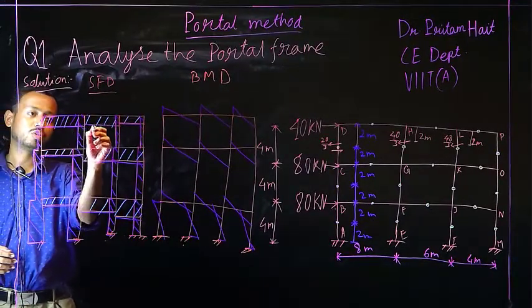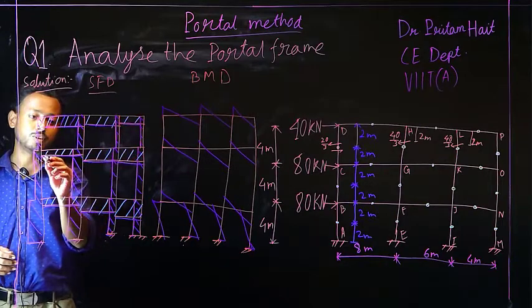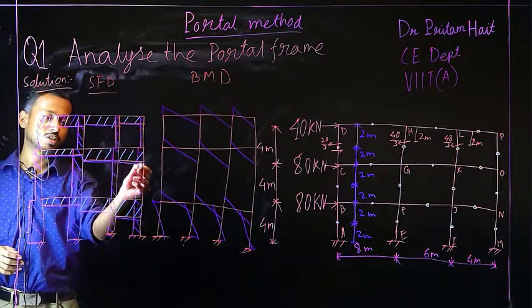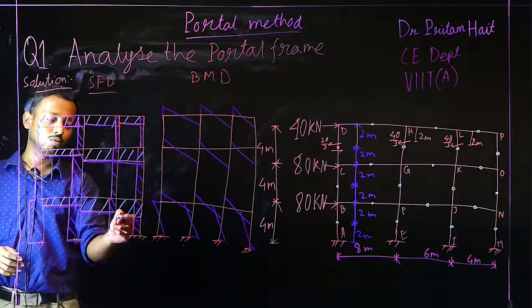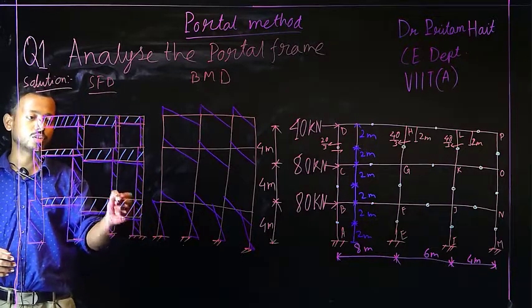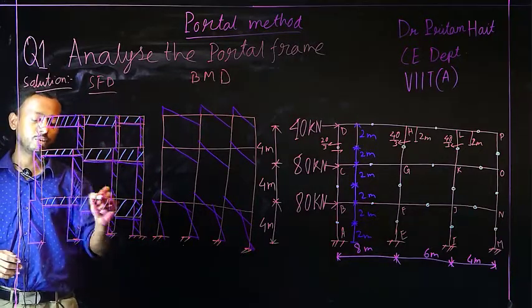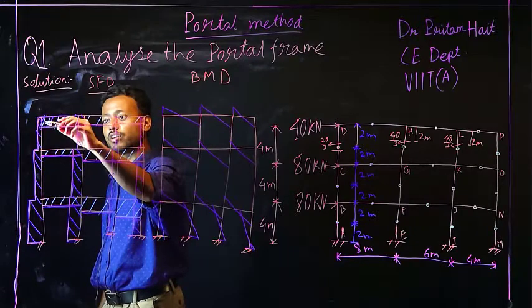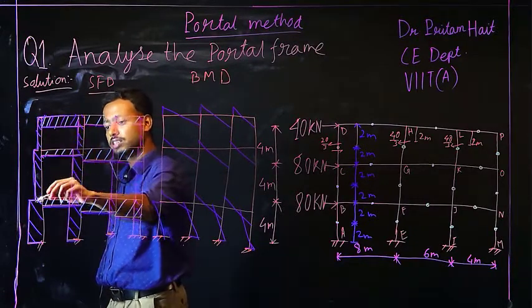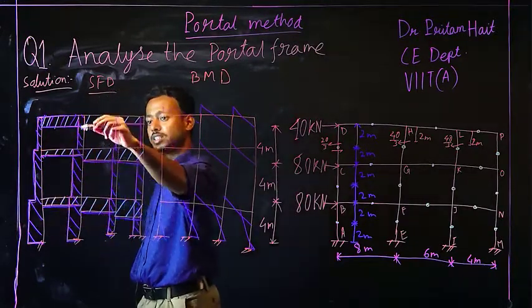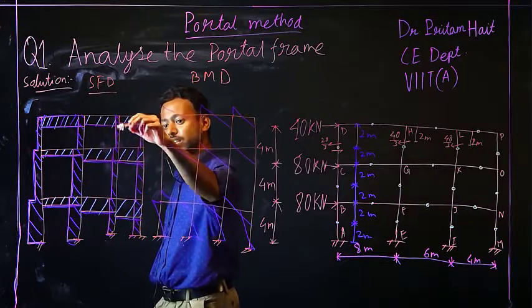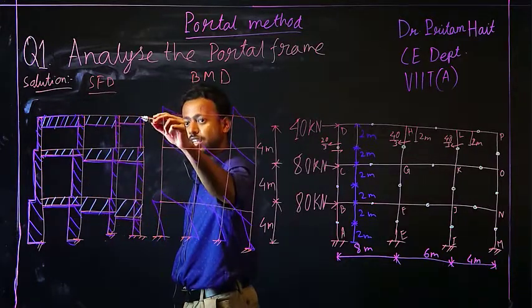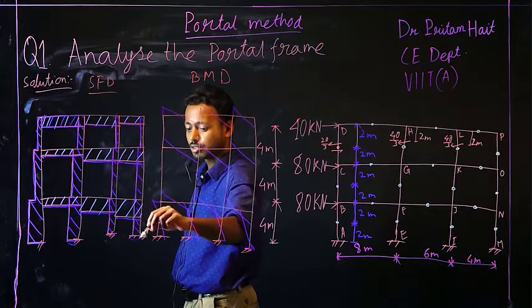In this way you can draw the shear force diagram of each beam, whether it is 40 by 3 or 40 by 9, whatever is there. Now you can draw the shear of each column. This is the shear of each column, this is the next column shear force, like this, and this is the next shear force of the column.